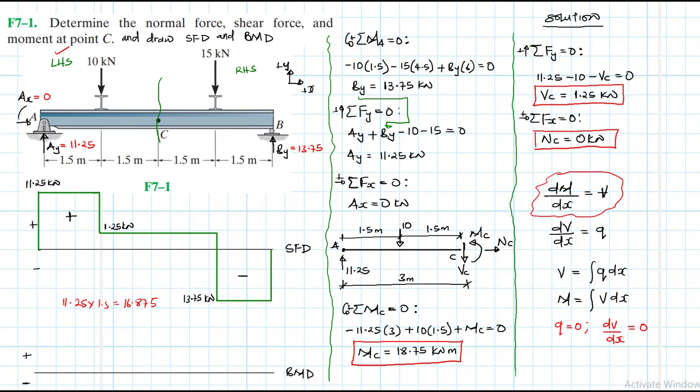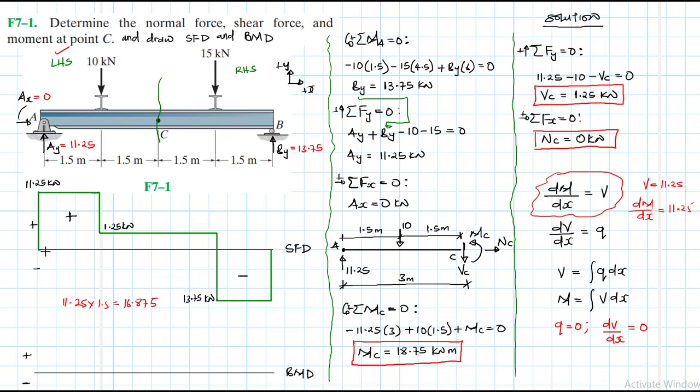So we have shear equal to 11.25, which is constant, and therefore our slope dM/dx will also be equal to 11.25.